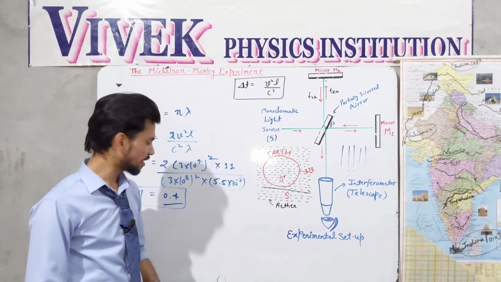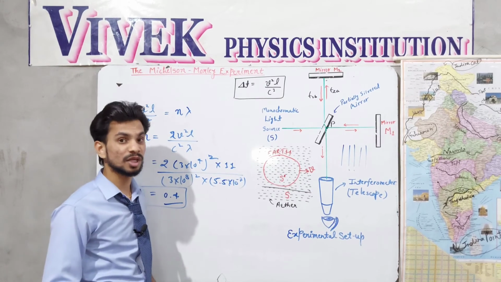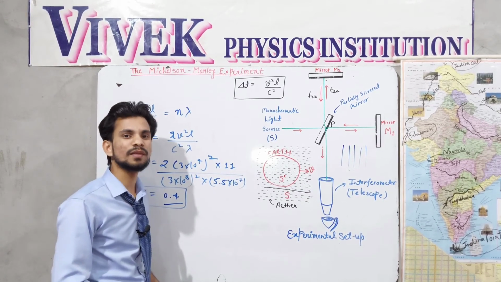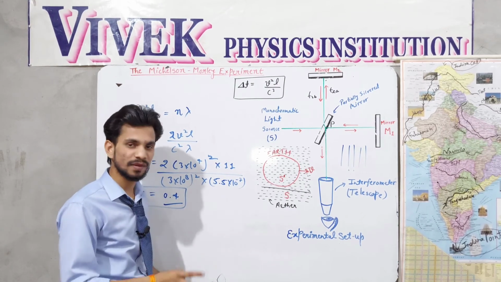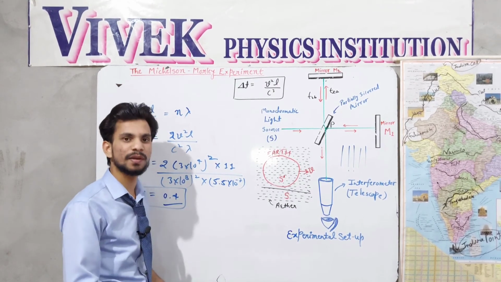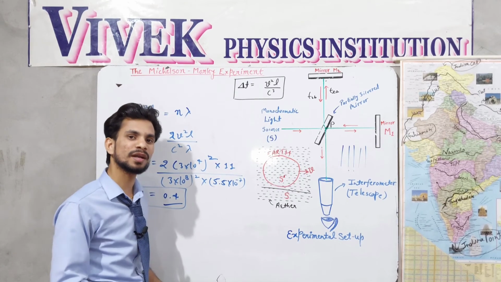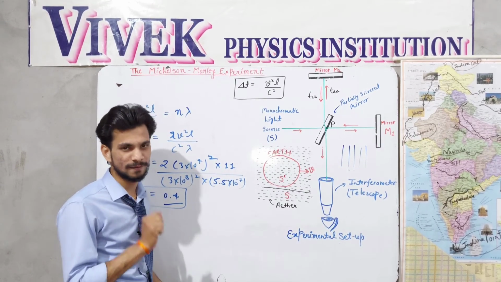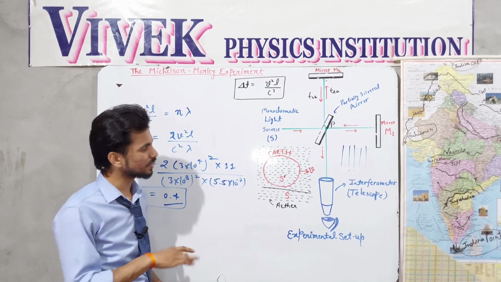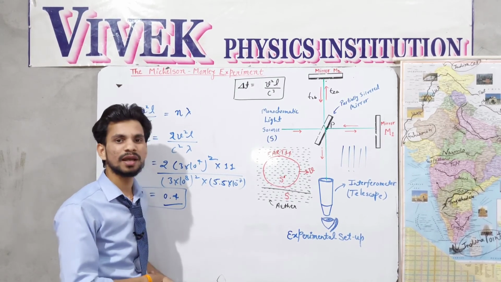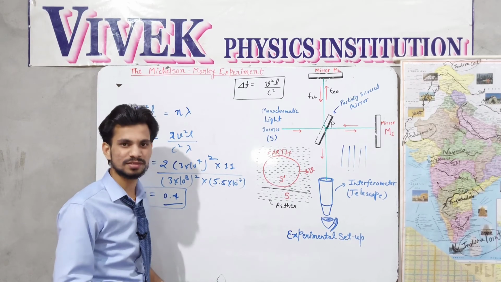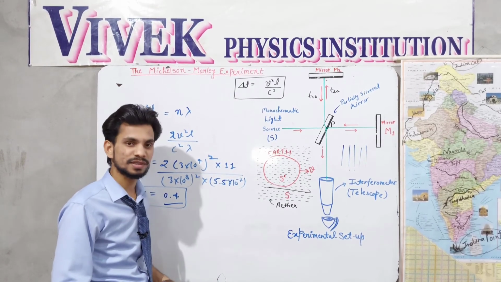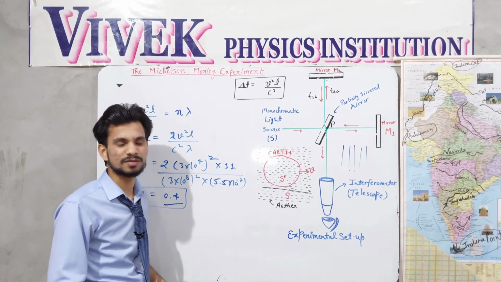But what has actually been achieved by this experimental setup? When this experiment was performed by Michelson and Morley, no fringe shift was obtained. This experimental setup gave no results, and that's why it was ruled out.